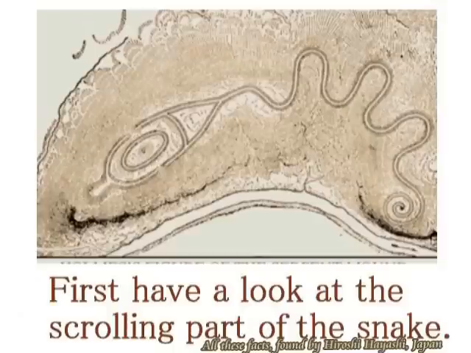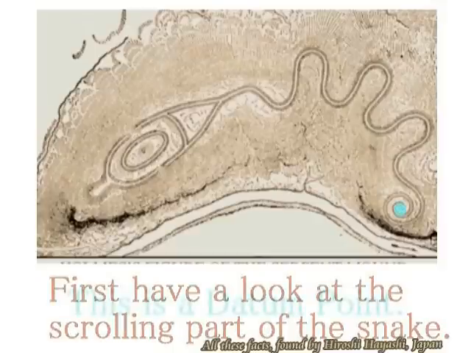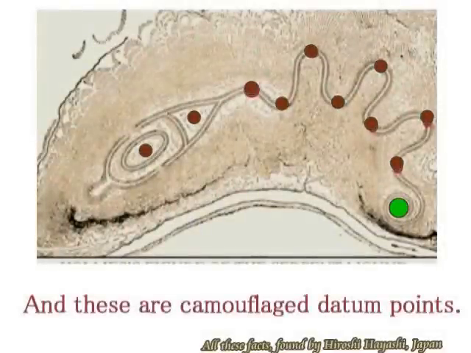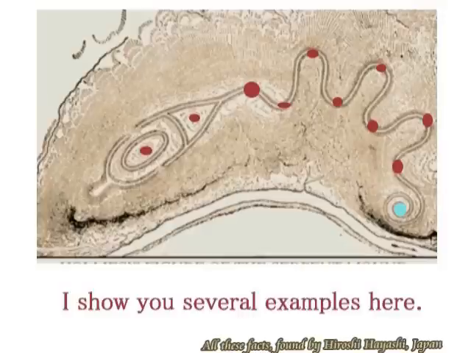And can you see the scoring point on the right down? This is a sort of a datum point. So you can tell me where it goes. So they drew serpent connecting each point like this, and it shows a snake anyway.